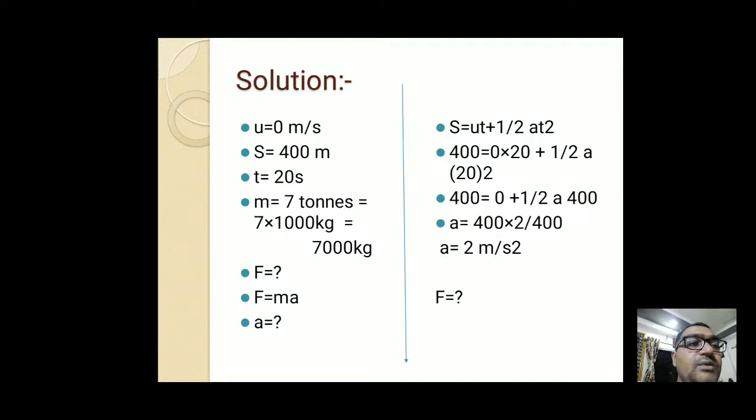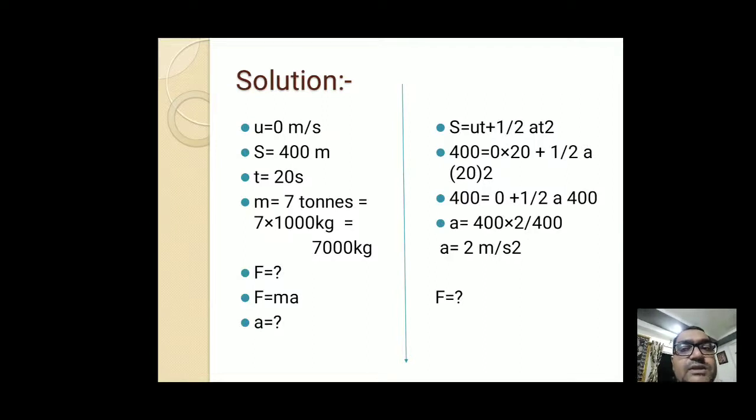Now we have to rearrange this because we have to find the acceleration. So a equals, the 1/2 goes to the left hand side numerator, so multiply with 2, and 400 comes in the denominator. So a equals 400 multiplied by 2 divided by 400. The 400 cancels, so our acceleration answer will be 2 meter per second square. This way we can find the value of acceleration.